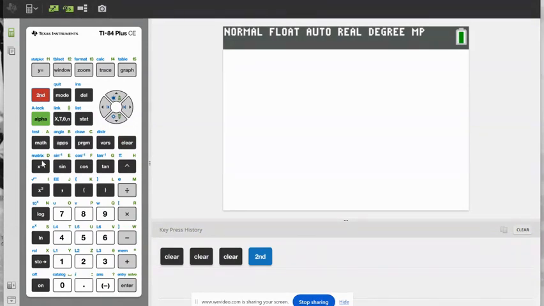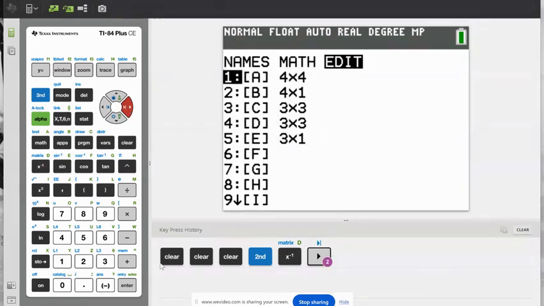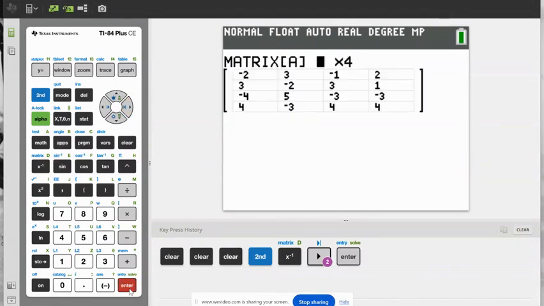Where is it? Right here. Do you see how in the x raised to the negative first power above it says matrix in blue? That's what we're going to press. So we're doing second and then the x to the negative first power. And then all the way to the right, do you see how it says edit? You're going to scroll all the way to the right. Once you're on edit, you're going to press enter.